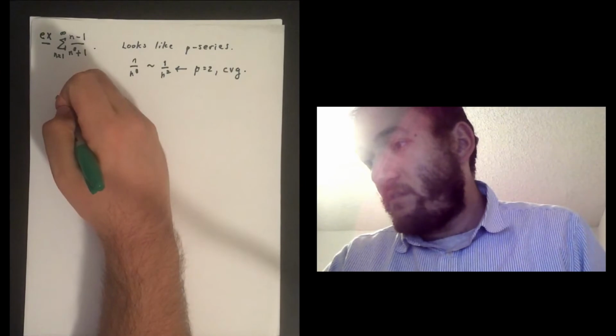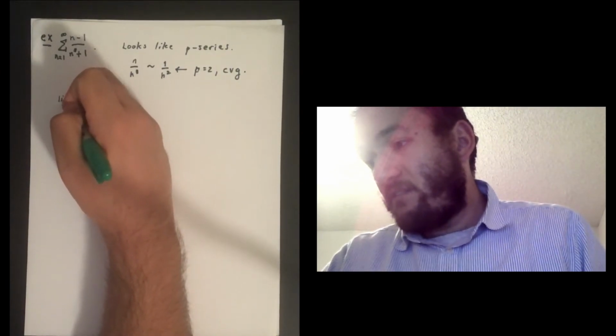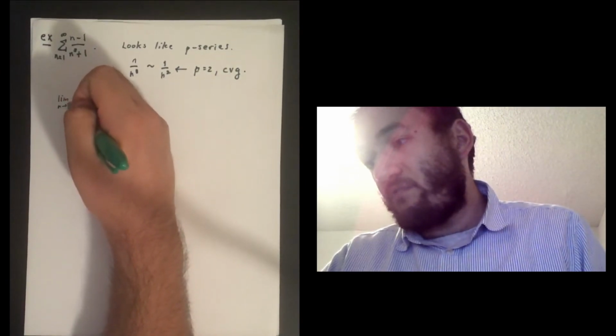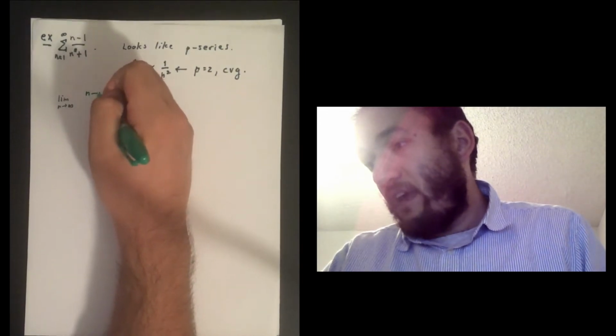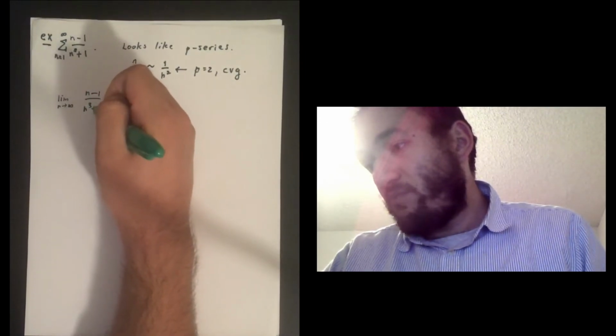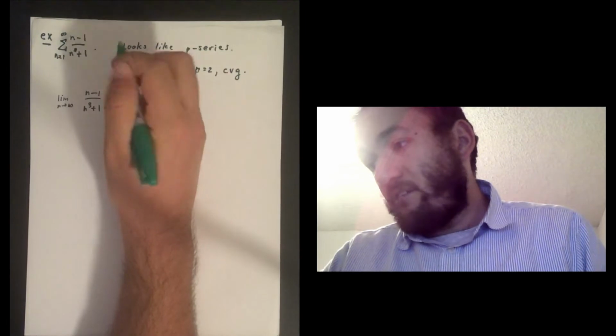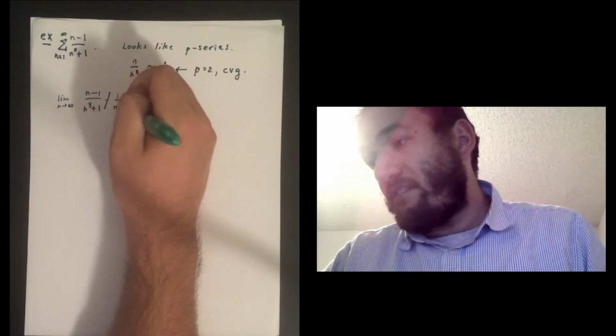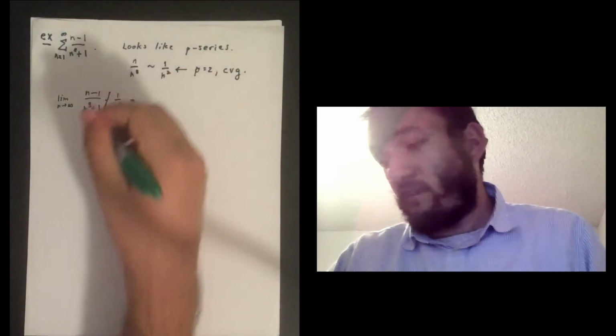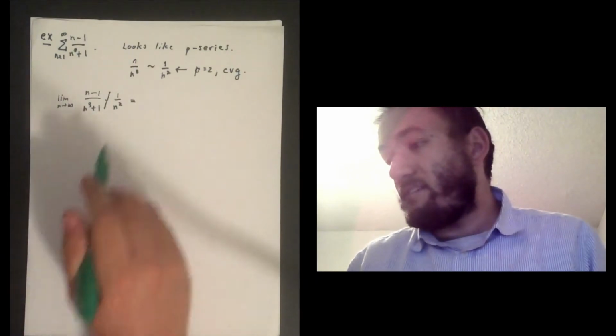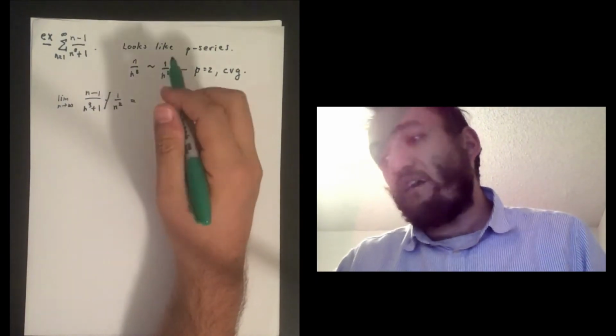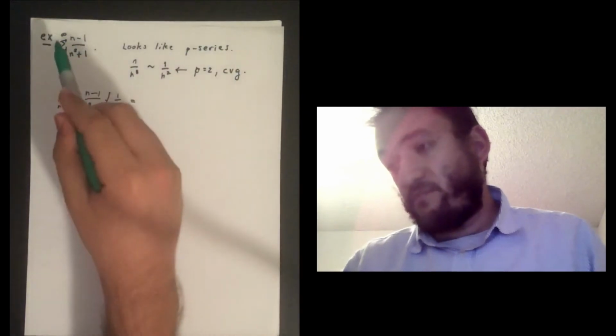So let's take the limit as n goes to infinity of (n minus 1) over (n cubed plus 1), divided by 1 over n squared. This is the limit comparison test, and you do have to verify that the terms here are non-negative.